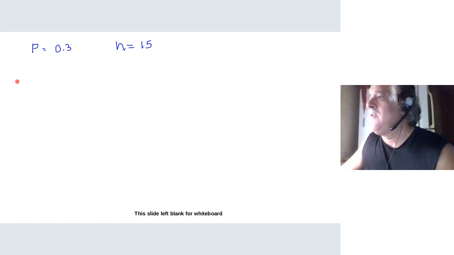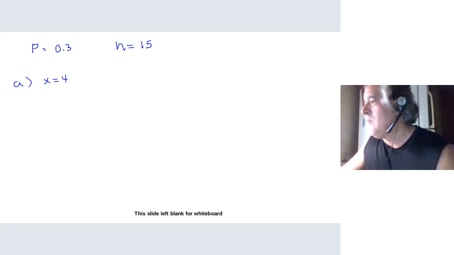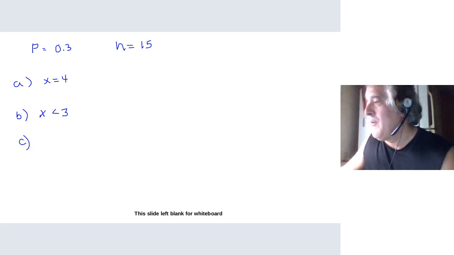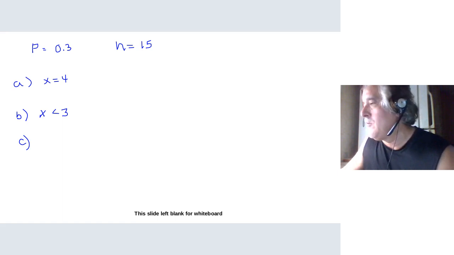All right, so for A, we wanted to find x equal to 4. Let me just write these down and then I'll go back. We'll go through them, and then I'm going to show you a couple of different ways that you can do these, but I'm going to concentrate on the calculator.